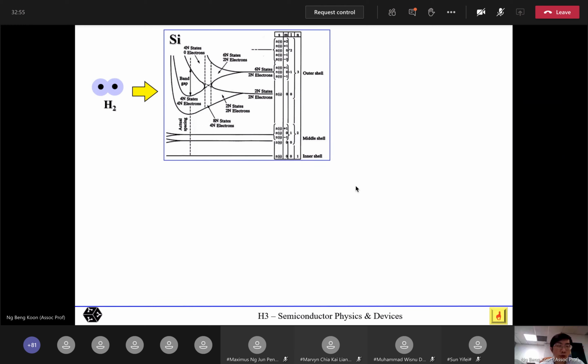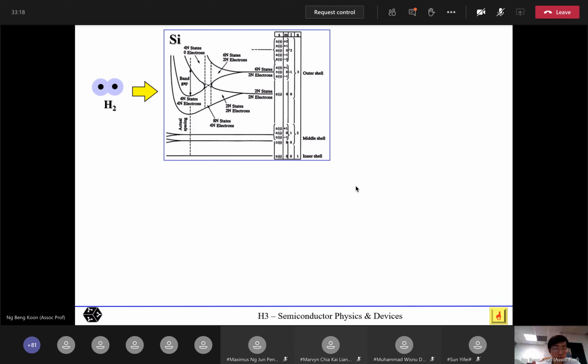By the same mechanism, when you put a lot of silicon atoms together to form the crystal, the band structure itself will split, in order to accommodate this large collection of silicon atoms with a lot of electrons sharing the same state.